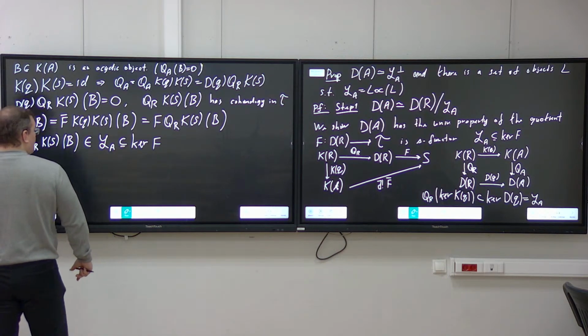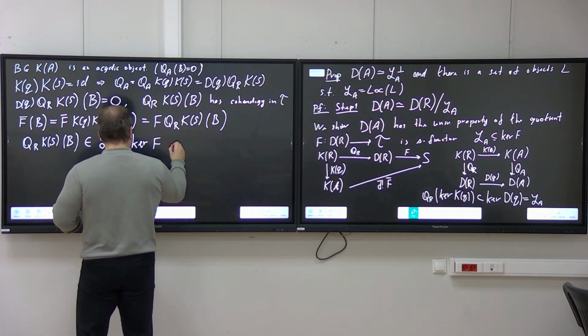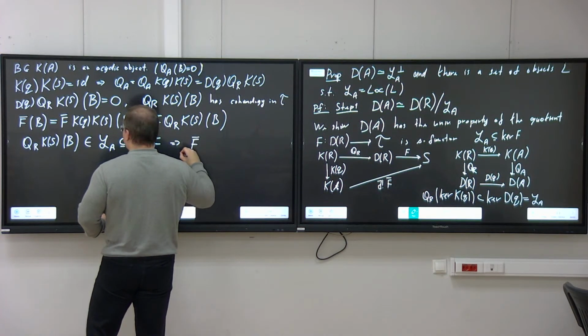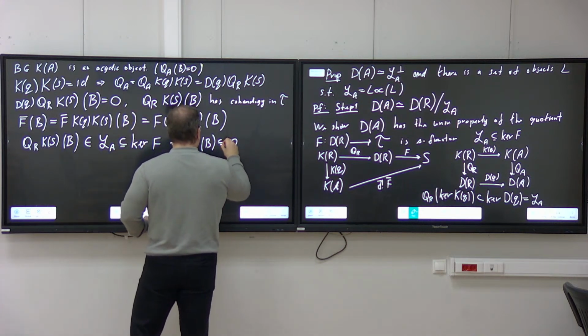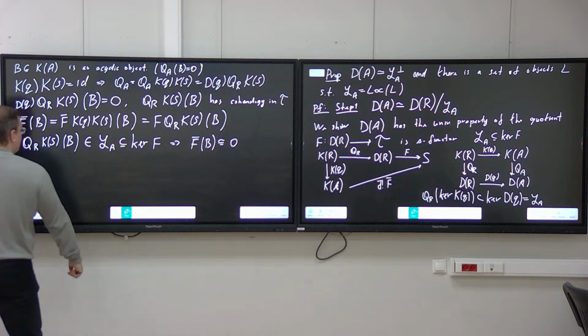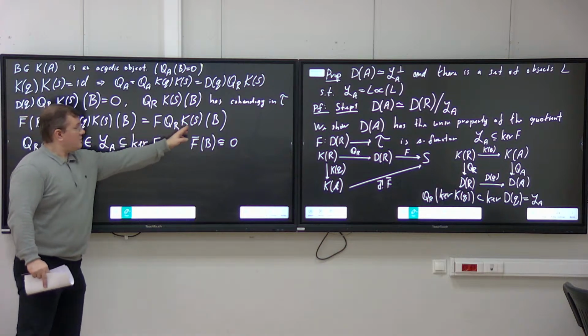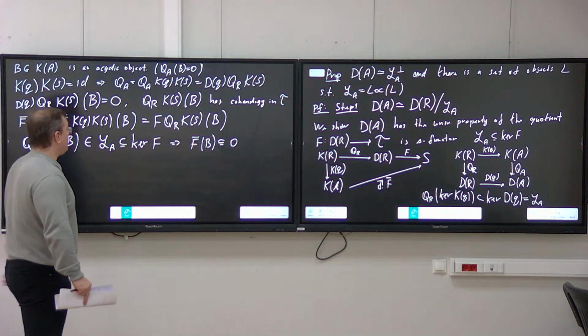So the conclusion is that if I compute F bar on the object B, I'll get something quasi-isomorphic to 0. Because if I compute F bar on the B, I need to apply F to this thing, Q sub R K of S B, and this is in the kernel of F, right? So when I apply F to this, I'll get 0.